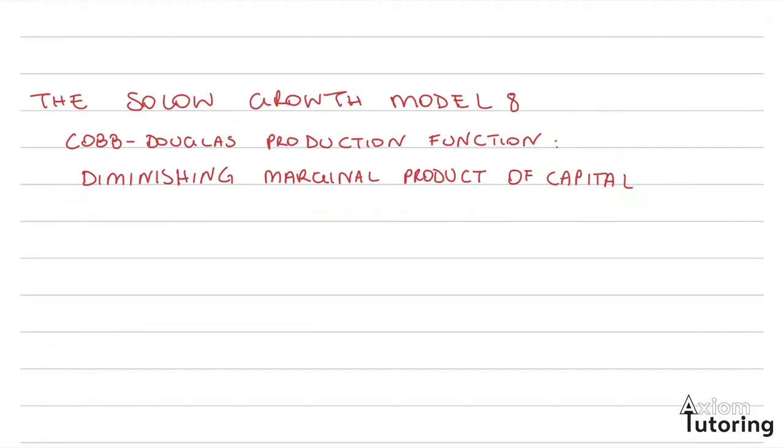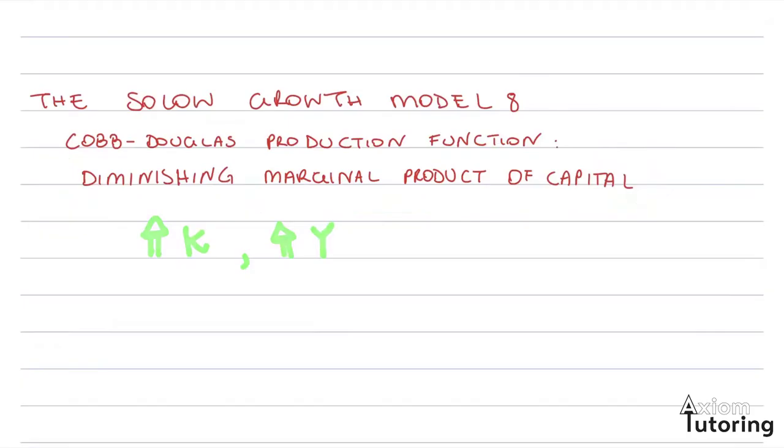It means that as we increase the amount of capital in our example, our output is going to increase. However, how will this output increase?